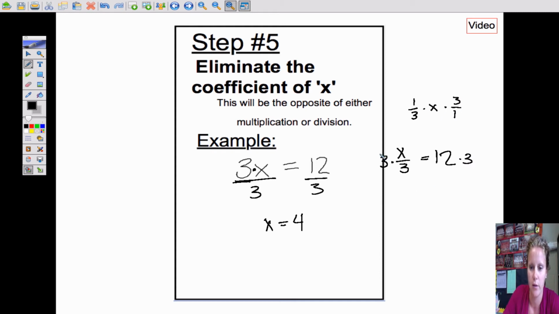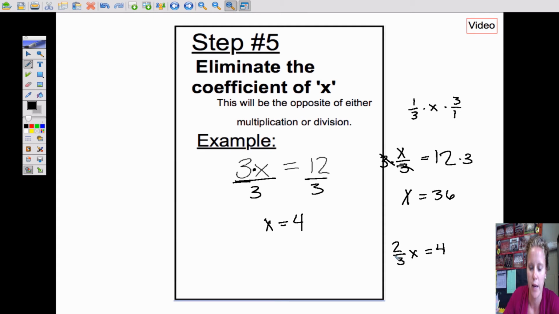If I did that, then 3 divided by 3 is 1x, and 12 times 3 is going to be 36.